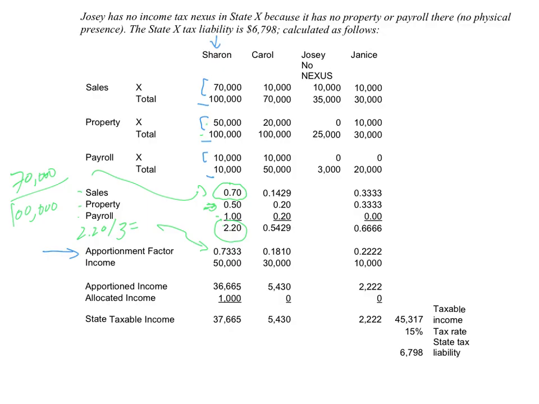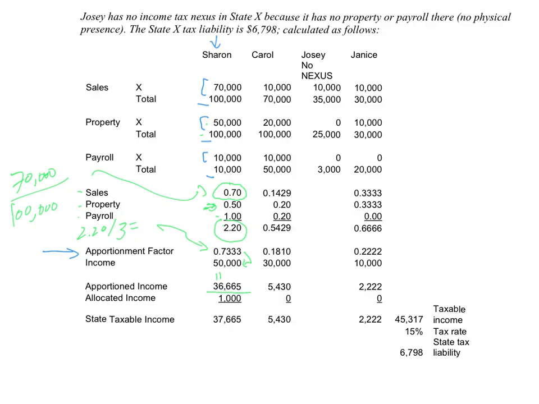Then all you do is multiply this apportionment factor by the income, and that gets you to the $36,665. That's how we got that.